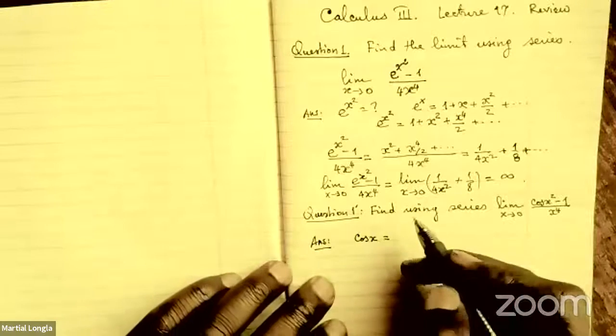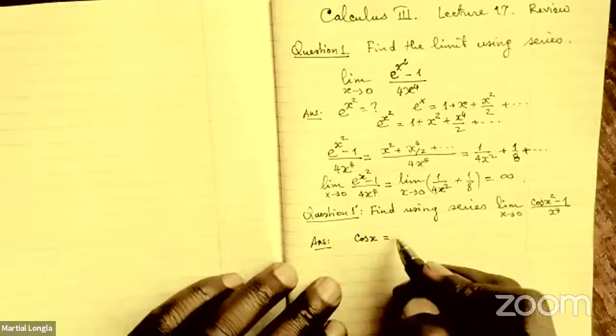The first thing I did was define the Taylor series for cosine of x, which is 1 minus x squared over 2. For what we need, we need at least one more term to see that the extra terms are going to go to zero.